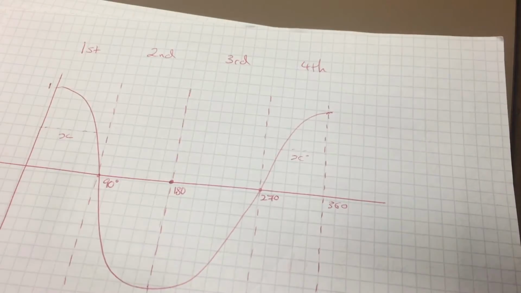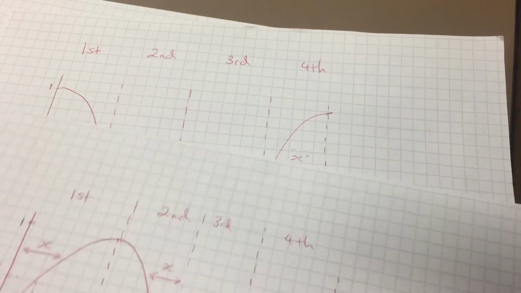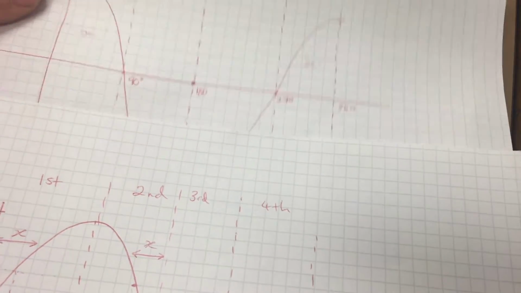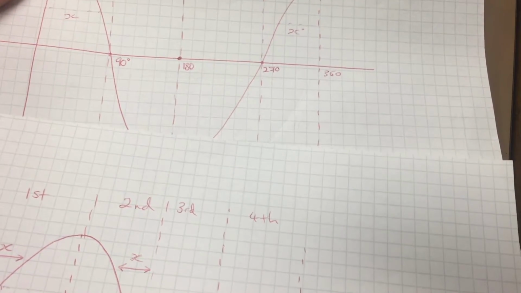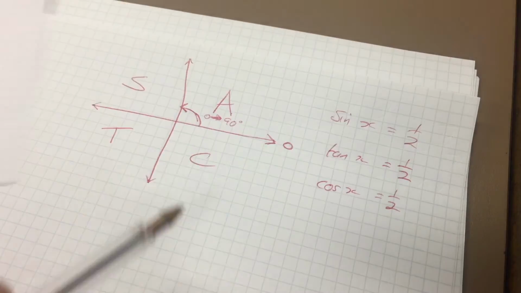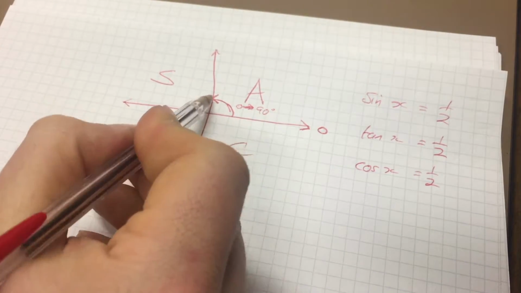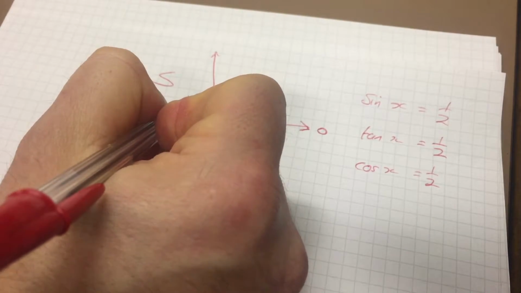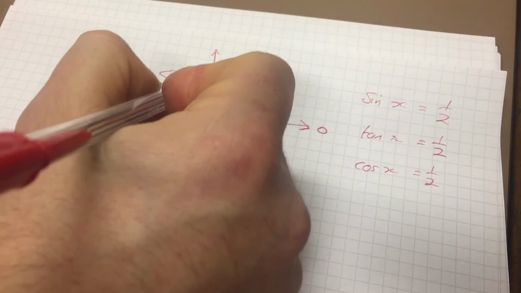But if you look at the sine and the cosine curve, there is a slight difference here. The cos curve dips below the x-axis at 90 degrees, while the sine curve is still above it. So our second solution for sine curves can be found somewhere between 90 and 180.